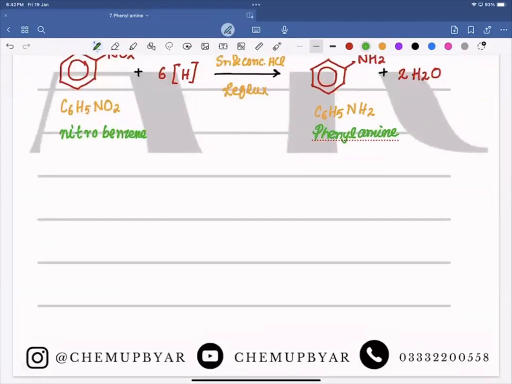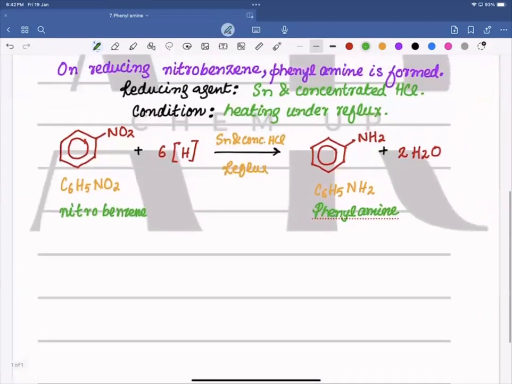Okay, but as you have seen, NH2 group is formed in acidic conditions.